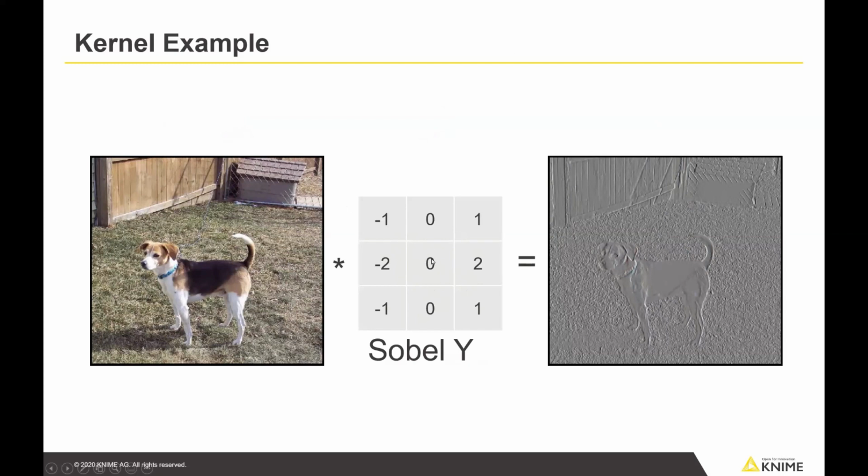If you apply this kernel to the image on the left, we get the image on the right as an output. Here you can see that we have high output numbers in locations that correspond to vertical edges, and all the other stuff should have lower numbers. So you can envision a convolution as extracting certain features from images, and the features that are extracted depend on the numbers in the kernel.